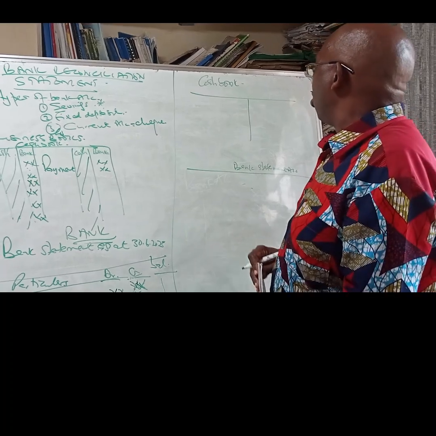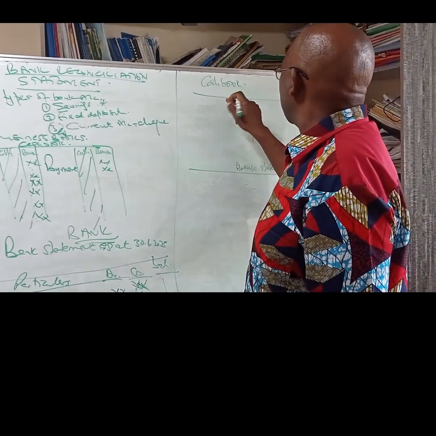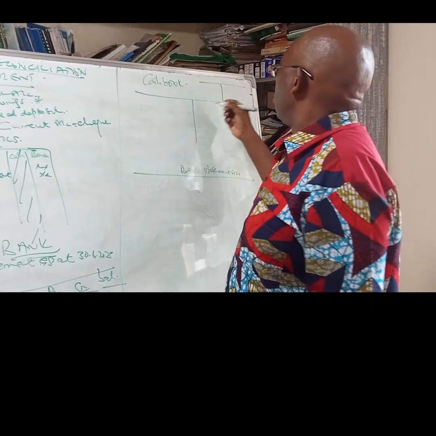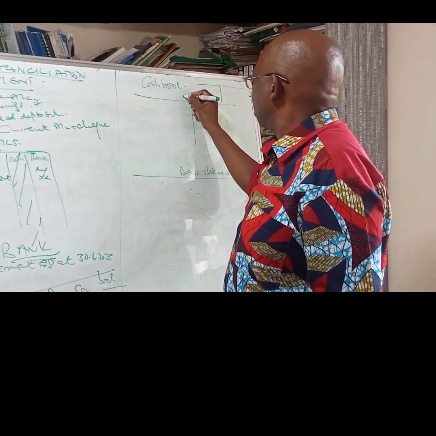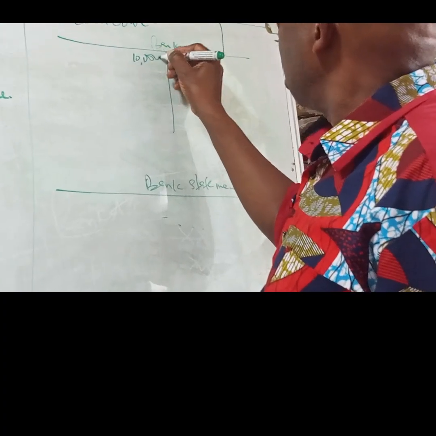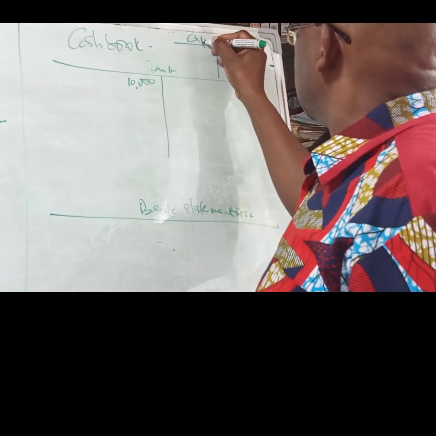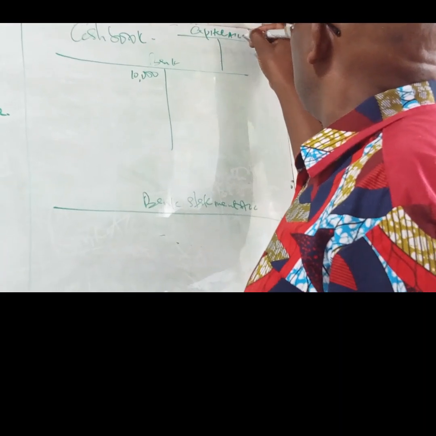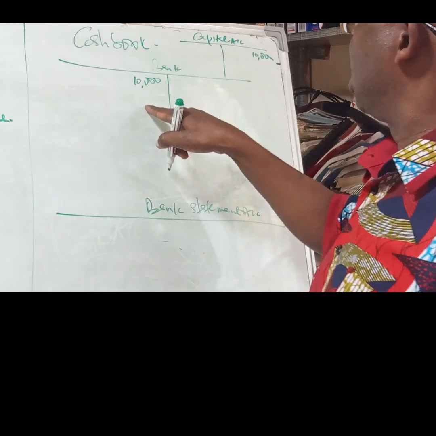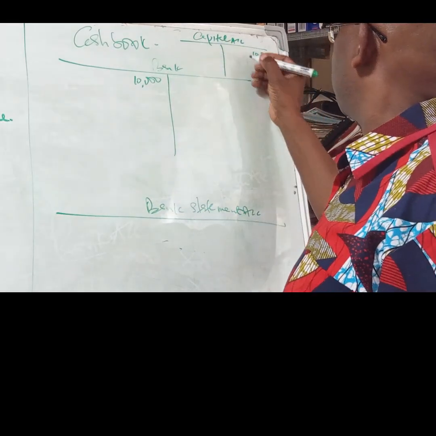Now, we will record that in the cash book. The double entry that we make in the cash book, we will debit bank with 10,000 as we credit the capital account with the 10,000.